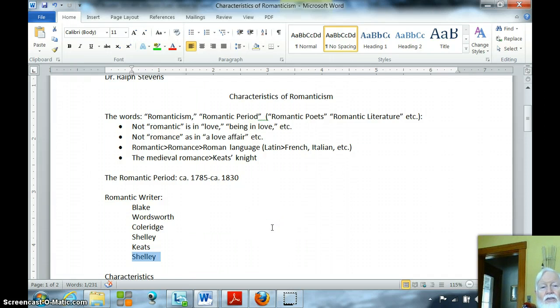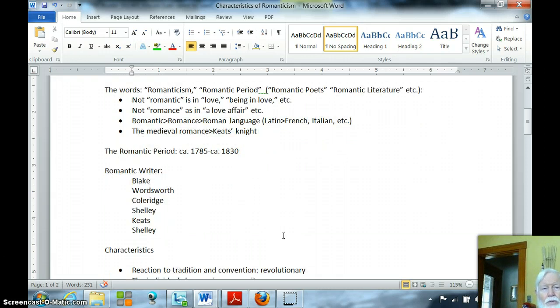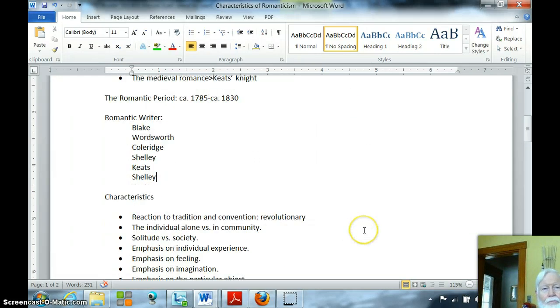She is the author of a work that you've all heard about, whether you know it's a novel or not, and that is the novel Frankenstein. The novel about the scientist Victor Frankenstein, who makes the famous monster from body parts. Another very important Romantic writer.